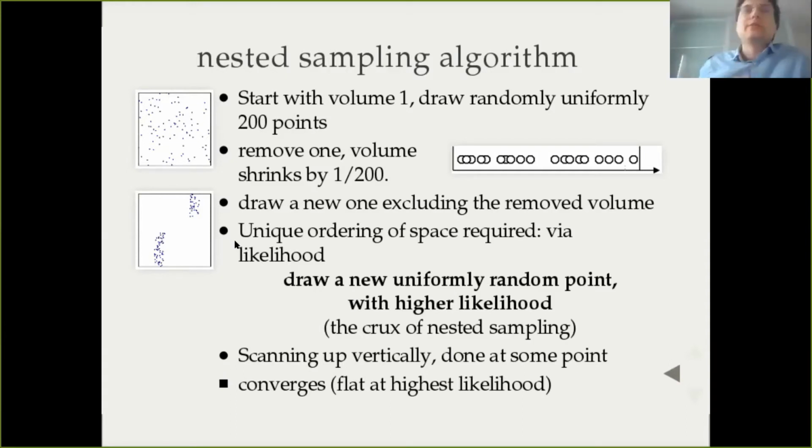So you're basically scanning up vertically, and at some point you are left with a tiny volume that you're sampling, where all points basically have the same likelihood, and you are essentially done because the volume is so small that it doesn't contribute to the integral anymore.